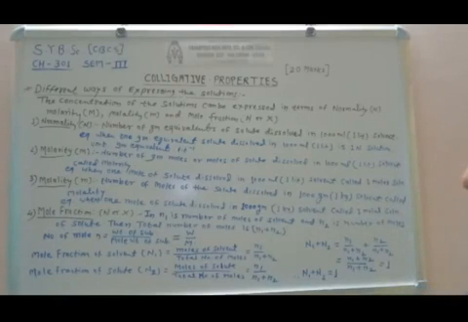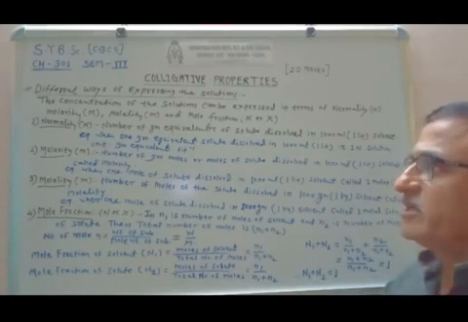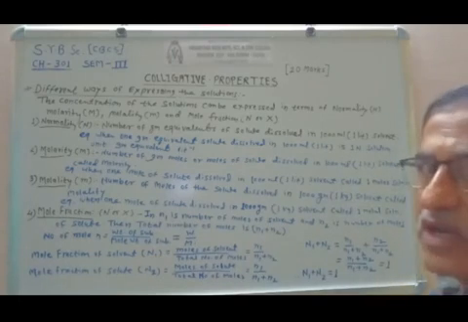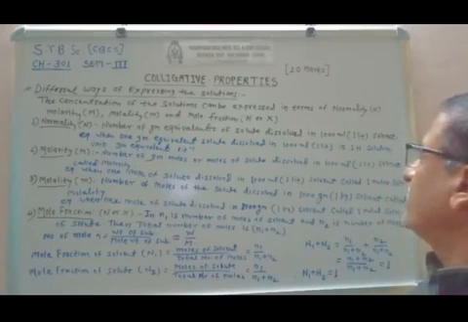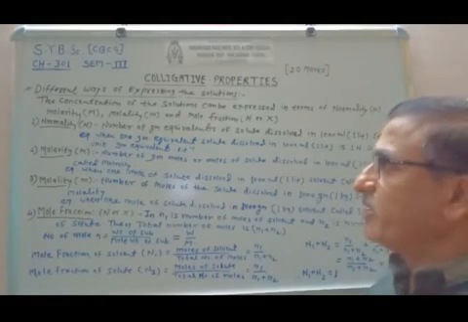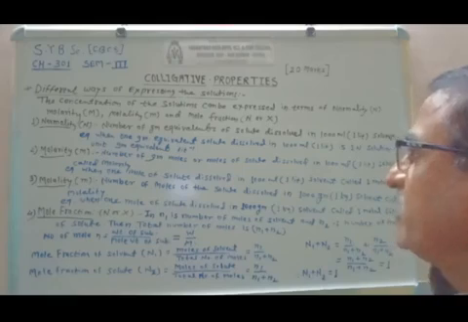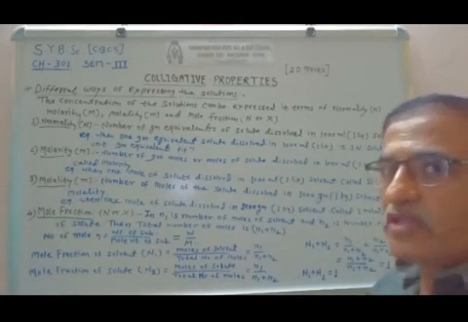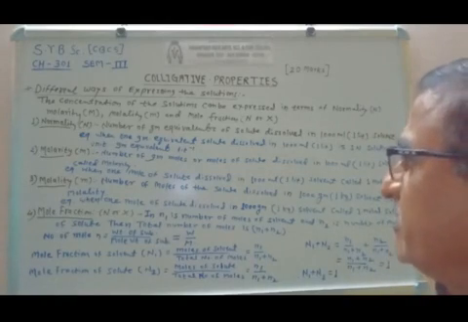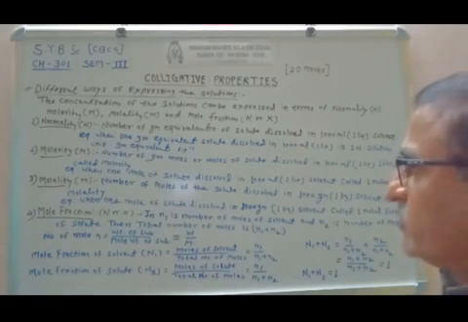First we discuss normality. The symbol for normality is capital N. The number of gram equivalents of solute dissolved in 1000 ml or 1 liter of solvent is called a normal solution. For example, when 1 gram equivalent of solute is dissolved in 1000 ml or 1 liter of solvent, it forms a one normal solution.